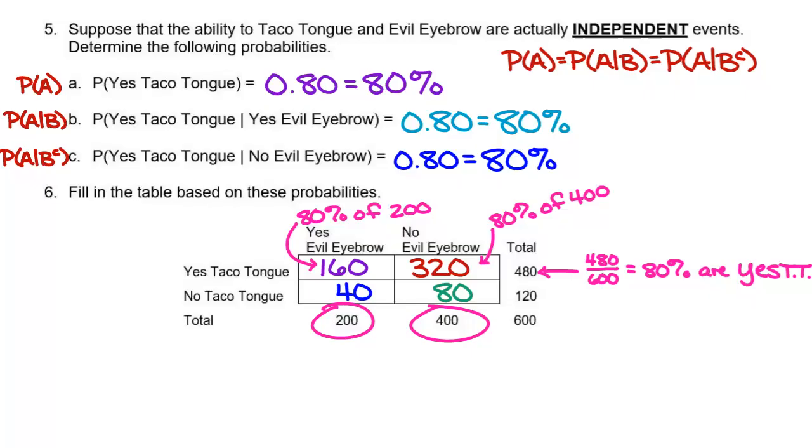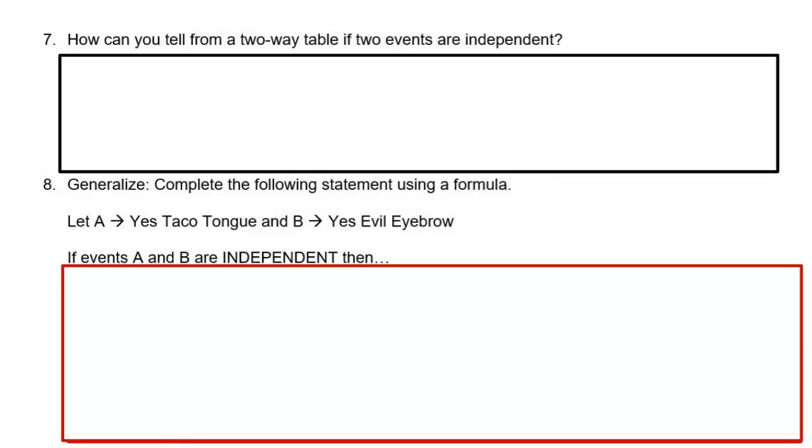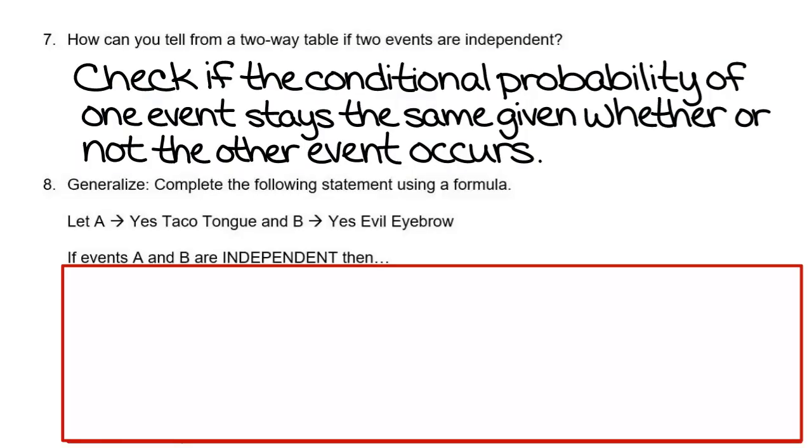My conditional probabilities, this out of this and this out of this, are exactly the same as each other, and they're exactly the same as my marginal probability out here, my total. So check to see if the conditional probability of one event stays the same given whether or not the other event occurs.